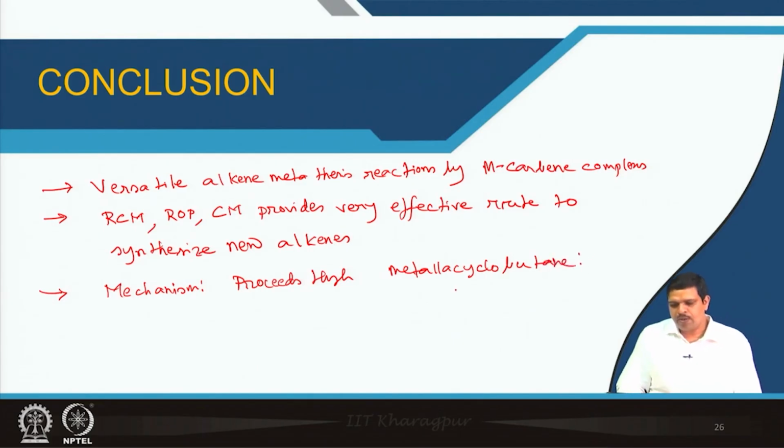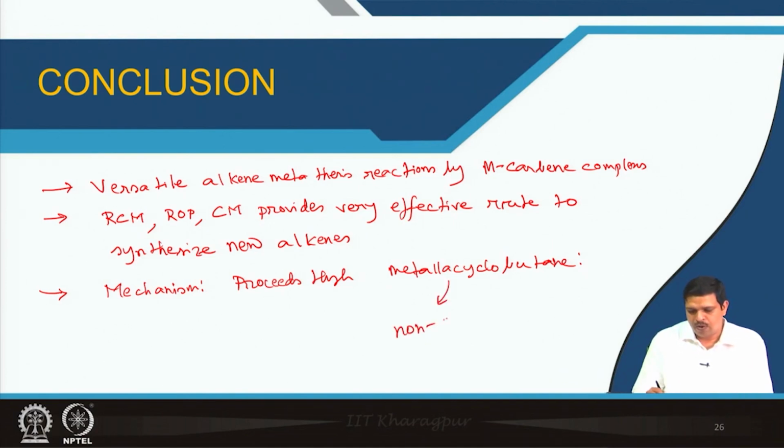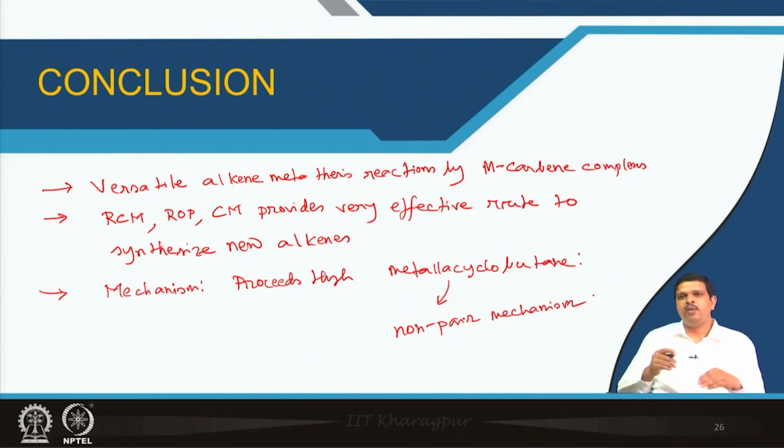That means it proceeds through a sequence of metallocyclobutane formation and then metallocyclobutane breaking. This is a non-pairwise mechanism, meaning that at a time only one alkene coordinates and forms the metallocyclobutane.